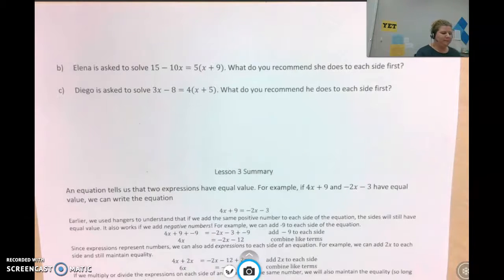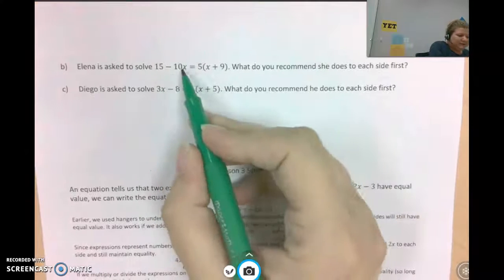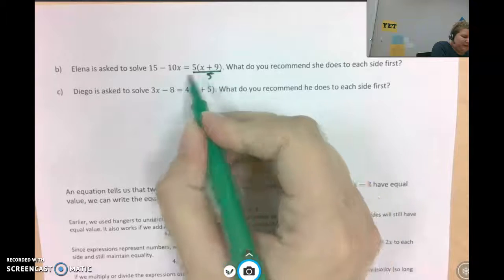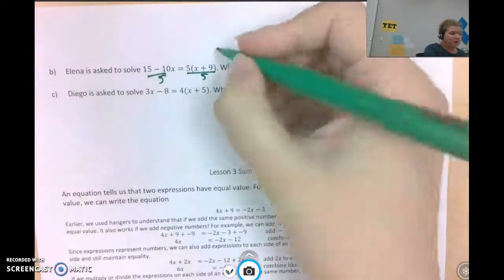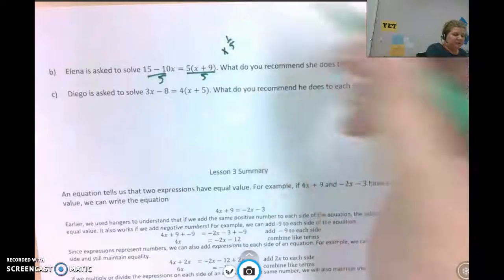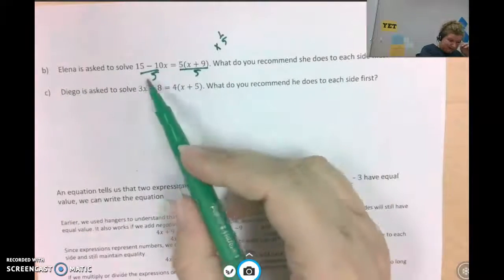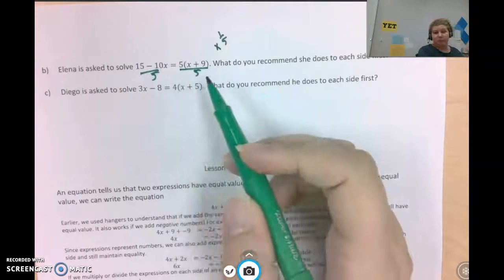So it would be okay to do it either way, but we're looking for compatible numbers and what's going to work best. So I see that 15 and 10 are divisible by 5, so I feel like I'm going to divide by 5 first, or I could also say multiply by 1/5, because these numbers will end up working well with dividing by 5.